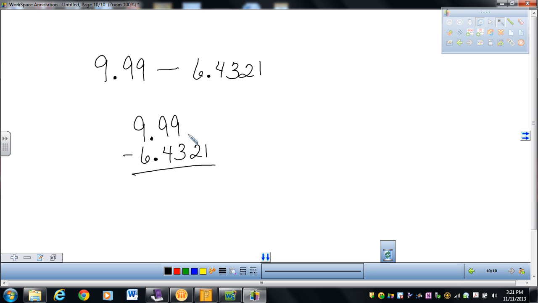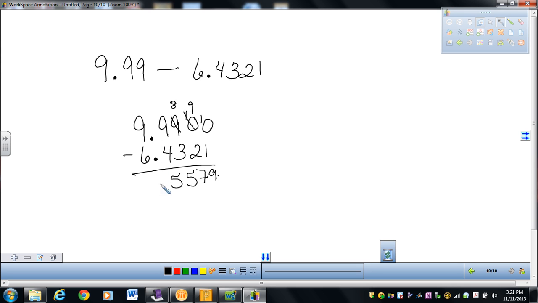And again, I've got this empty space up here, so I have to add zeros for place keepers. And now I'm subtracting, so I can't do that. I've got to borrow from all the way over here. So borrow from him, give it to him, but then we need to borrow again. Okay, so now 10 minus 1 is 9, and 9 minus 2 is 7, and 8 minus 3 is 5, and 9 minus 4 is 5.